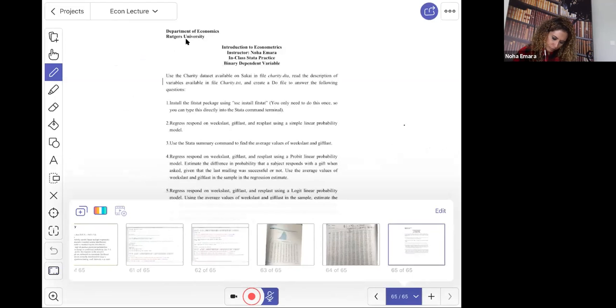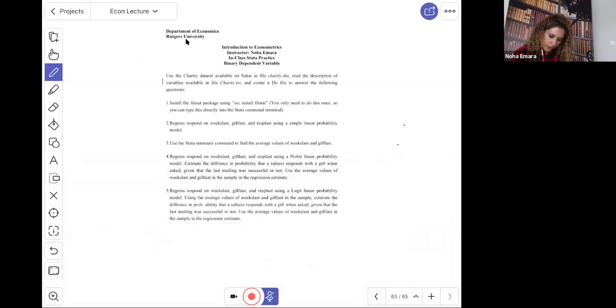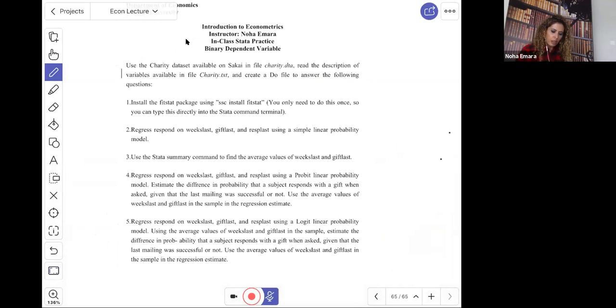Okay, so this is a Stata practice, and it's based on the charity DTA file. You can read the description in charity TXT, which is a text file. And I'm assuming that you guys have already watched the video on the measures of fit, which is the binary dependent variable part 1.